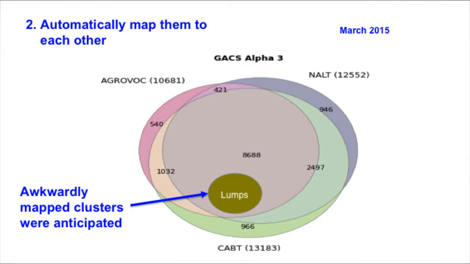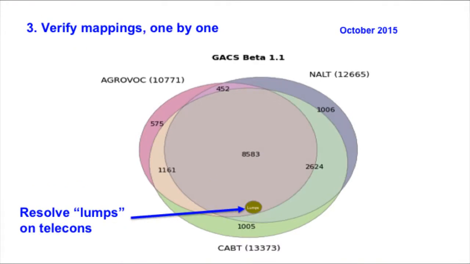And then we have this category of awkwardly mapped clusters, which we called lumps. I'm going to talk about them a little bit further on.